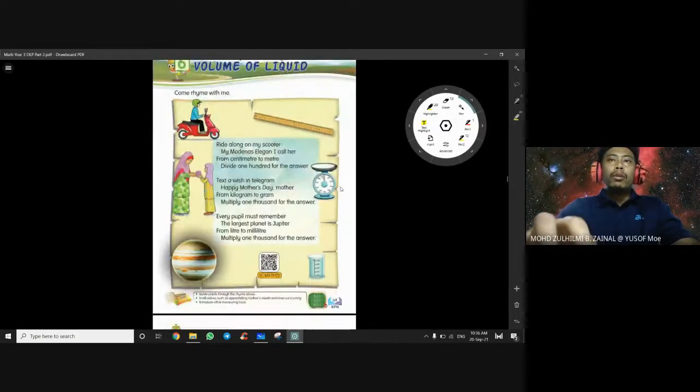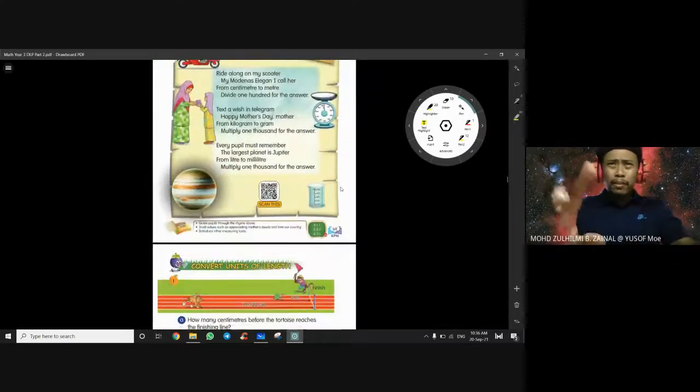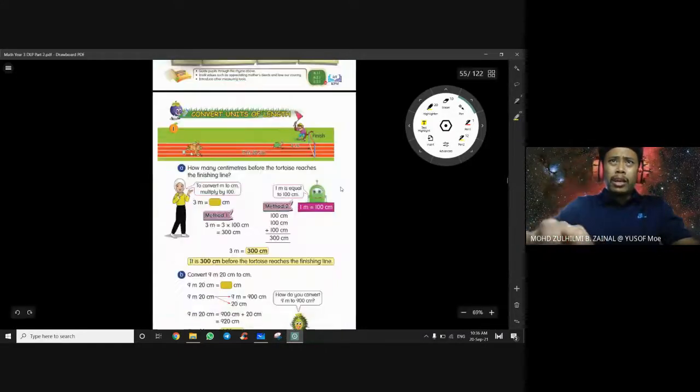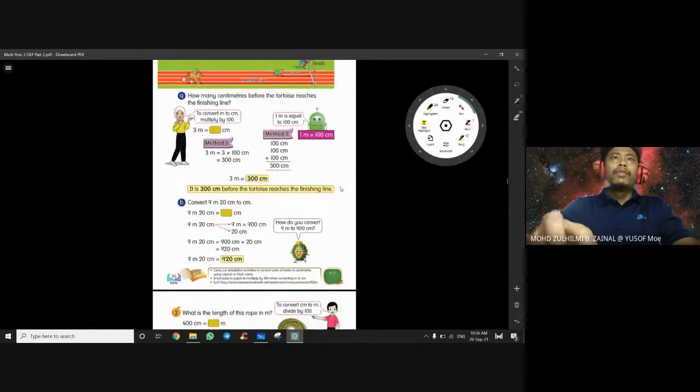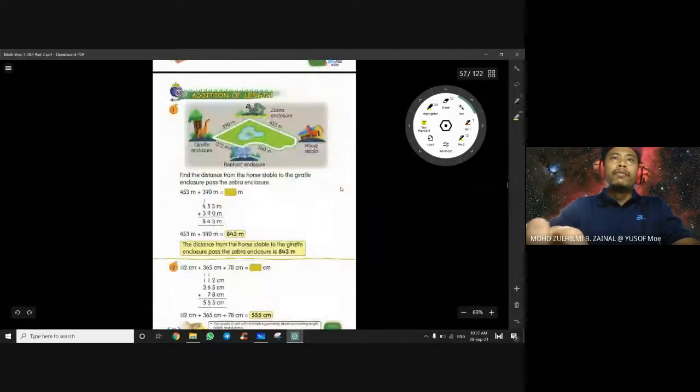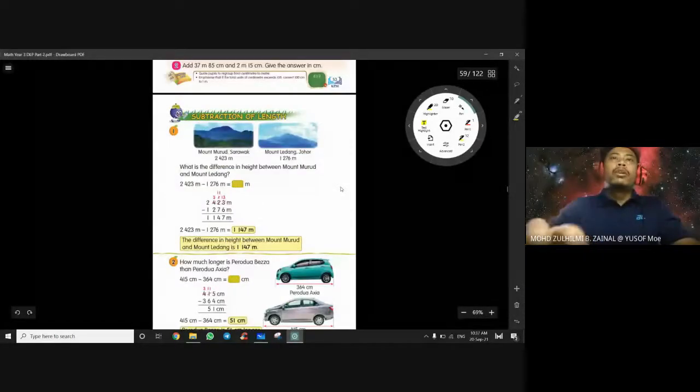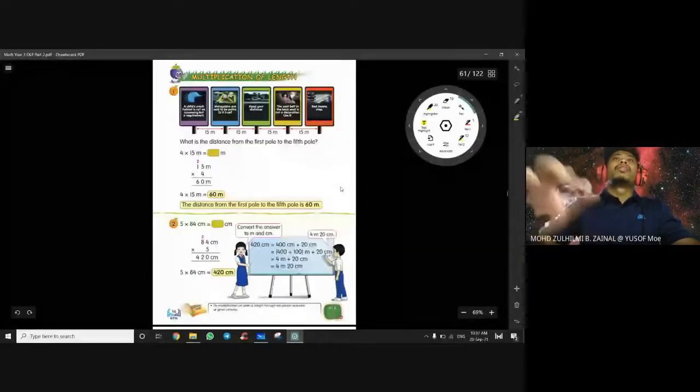You have to make sure to remember all the previous lesson tu senang je kan. Previous tu addition and subtraction je dengan converting. So today we are going to continue on multiplication of length.